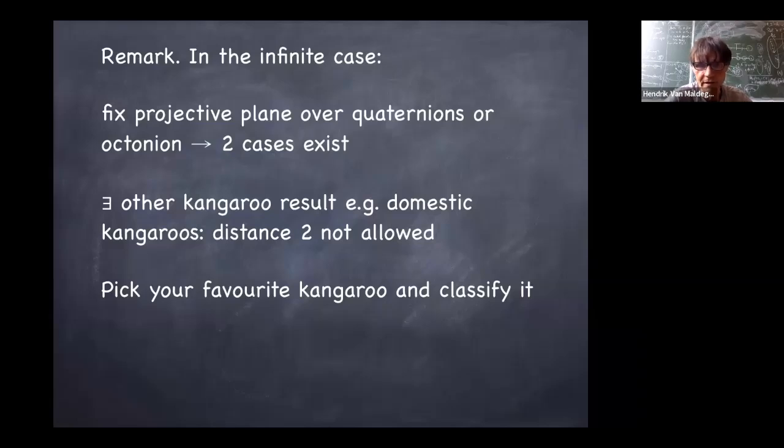And also there are classification results. What you can do is pick your favorite kangaroo and classify it. What I did in the last few years is doing that in the geometries that come from the spherical buildings, or from the classical geometries.